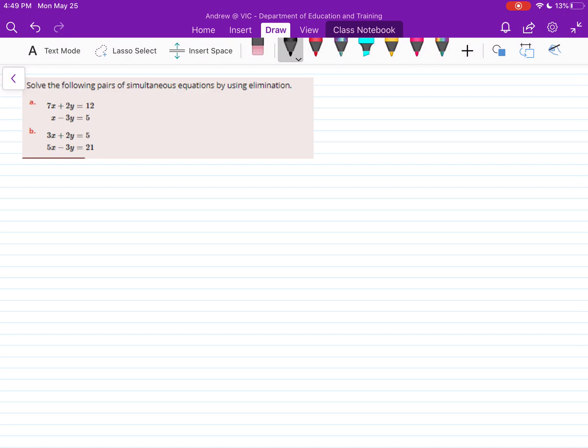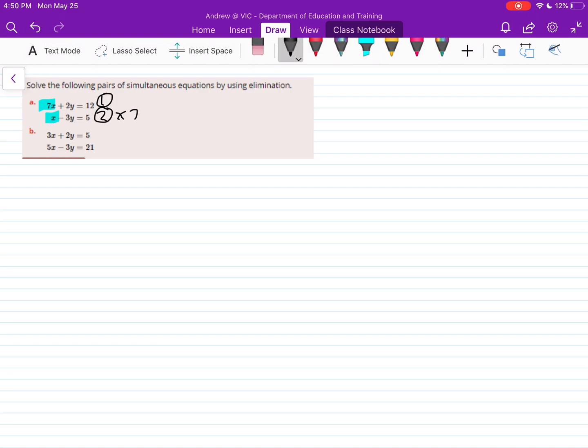Okay, so for this first one, I'm going to multiply the second equation by 7. That gives us the 7x that we need, so we'll have 7x on the top and 7x in the next one.